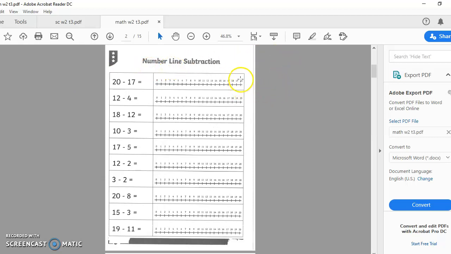So 20, take away 17, you hop 1, 2, 3, 4, 5, 6, 7, 8, 9, 10, 11, 12, 13, 14, 15, 16, 17. That means your answer is 3, so you write the number 3 right there.